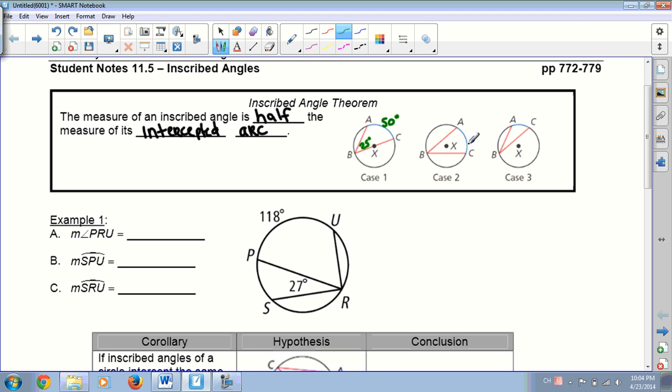So let's say that the angle here were 40 degrees. Well, the angle's half the arc, so that would make the arc 80 degrees.